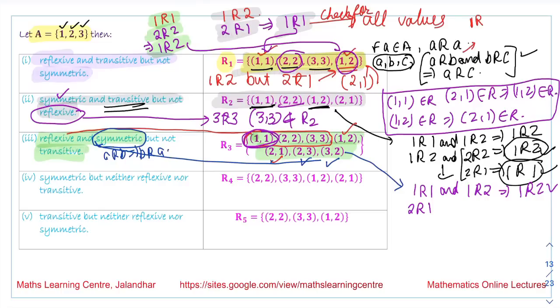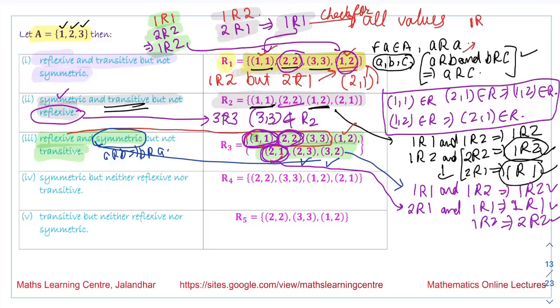We have the element (2,2). 2 is related to 1 and we have 1 is related to 1 and 1 is related to 2. So the first thing implies that 2 is related to 1 and this implies that 2 is related to 2. These two are also true over here.